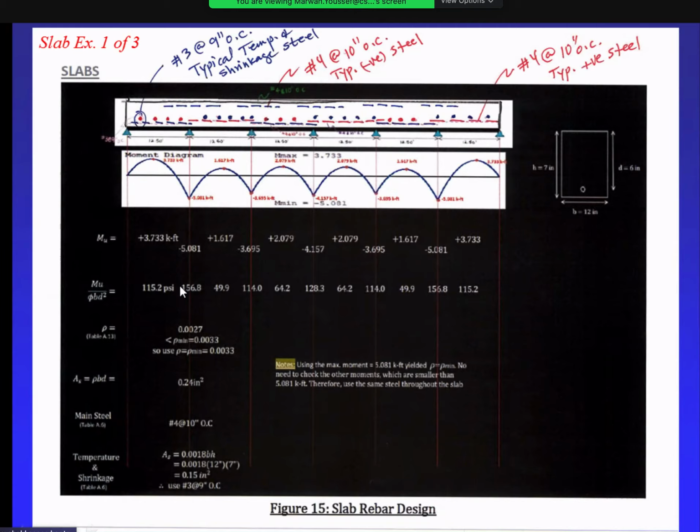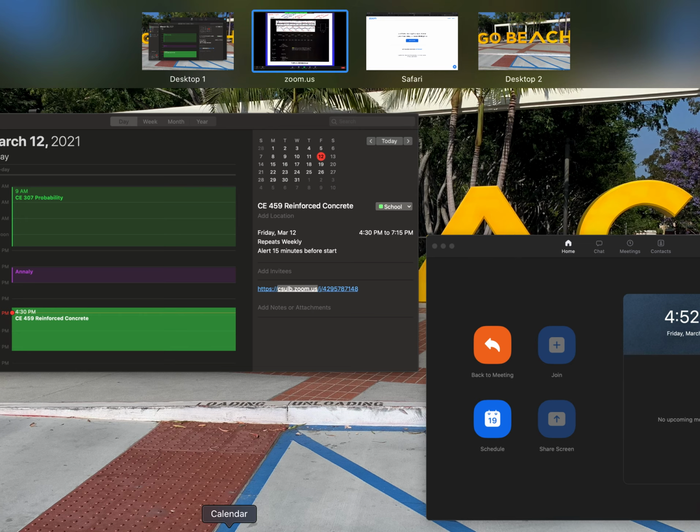Anybody, any question? Professor, their rho, their 0.0027. Yes. How did they obtain it? Are you looking in the book? Yeah. Okay, do you agree or no? Let me get my book. Give me a minute.